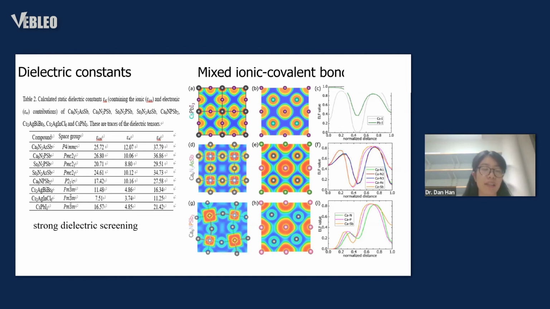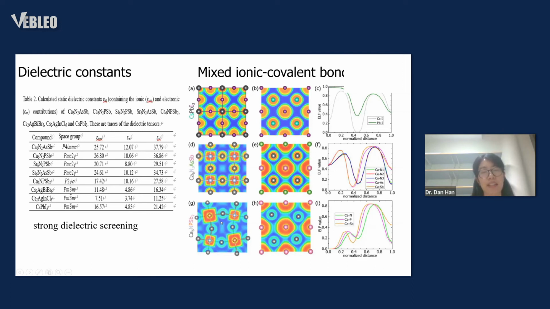So it suggests that in these promising compounds there may be very strong dielectric screening, which can reduce carrier scattering and also trapping by impurities or traps.